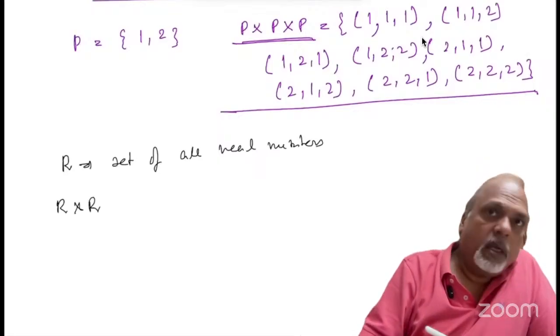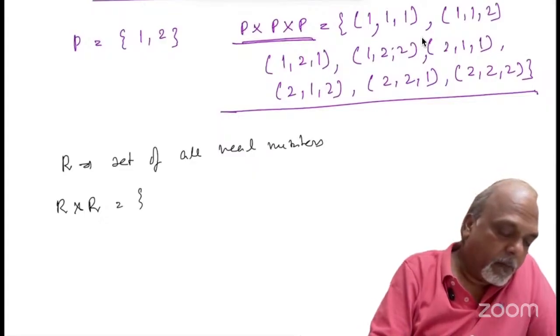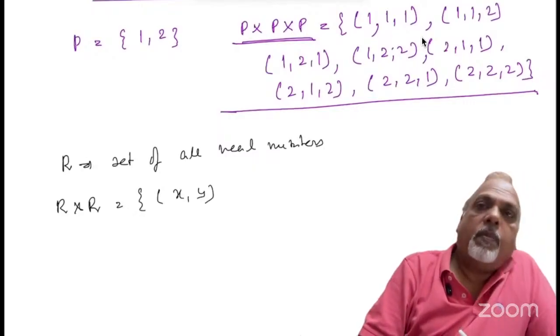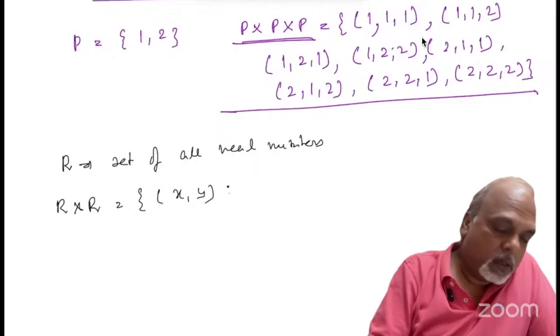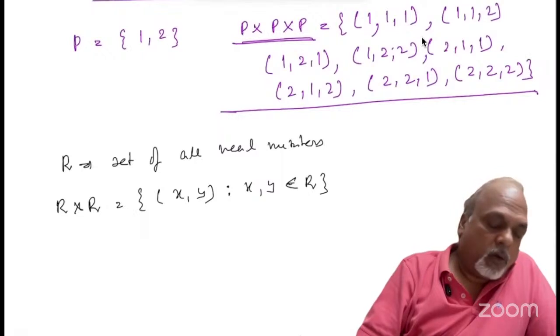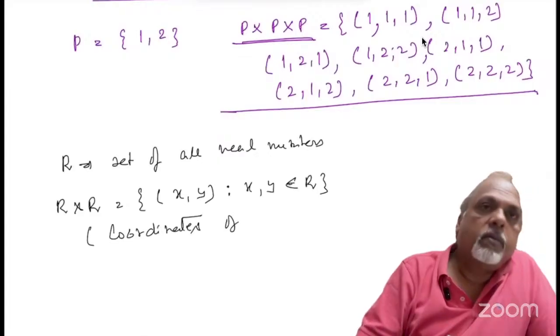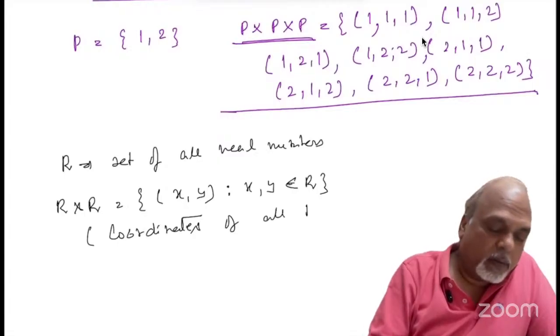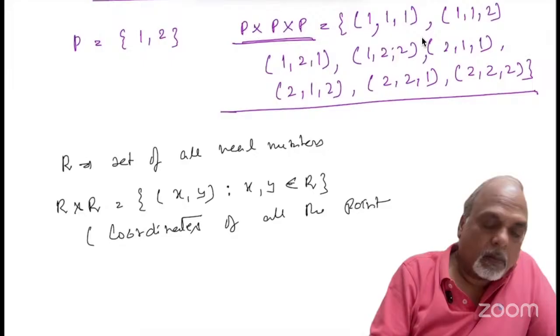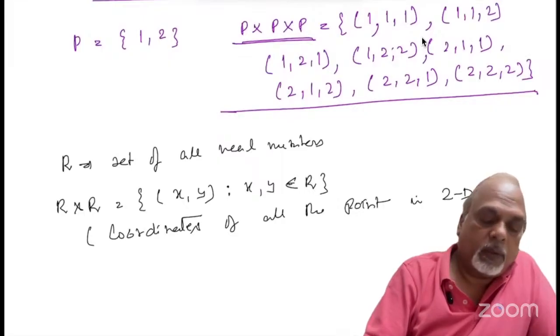R cross R, basically we can write it as the set of ordered pairs of X and Y, where X and Y both belong to R. Means what is this? Basically this is the coordinates of all the points in two-dimensional space.